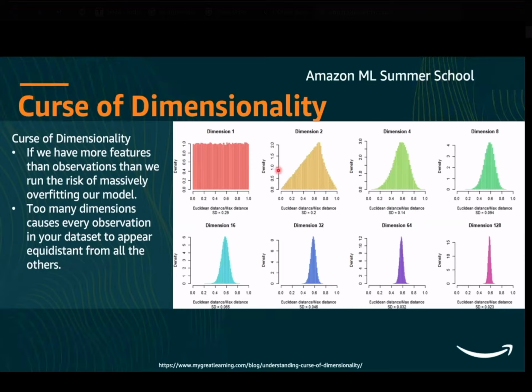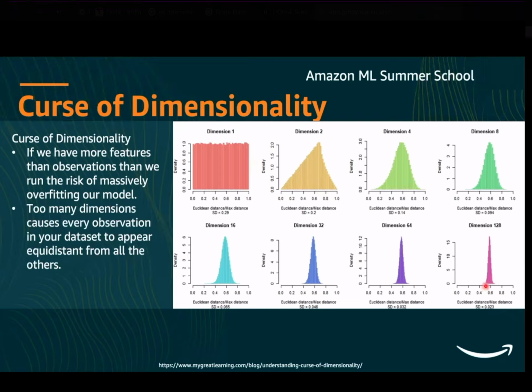So there are multiple samples in the range 0 to 0.2, 0.2 to 0.4, and 0.8 to 1. Now, but as the number of dimensions increases, right, we see that the spread decreases, which implies that more and more samples have similar distances, have the same distances, right?